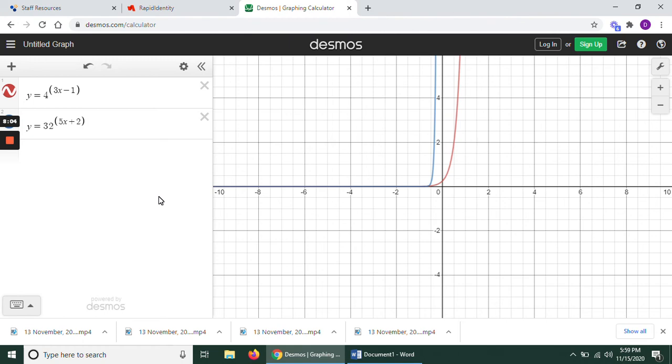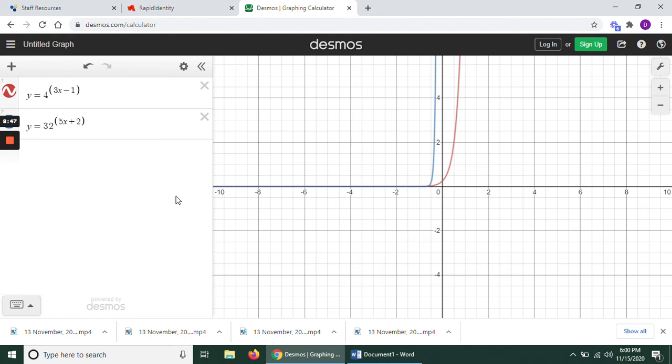All you need to do is see how many points of intersection it has. Click on that point, or points, depending on how many points of intersection there are, and you identify the x values, or the x value if it is one point of intersection, and that would be your answer.